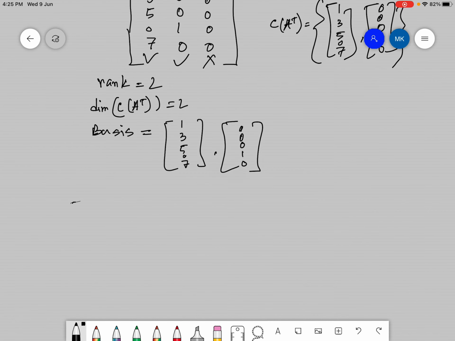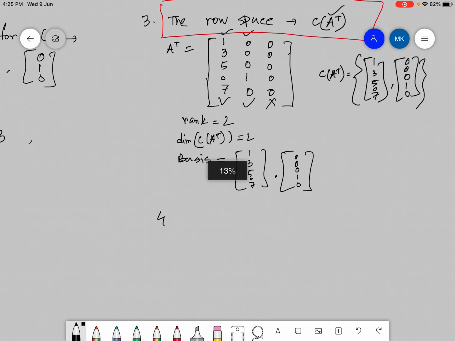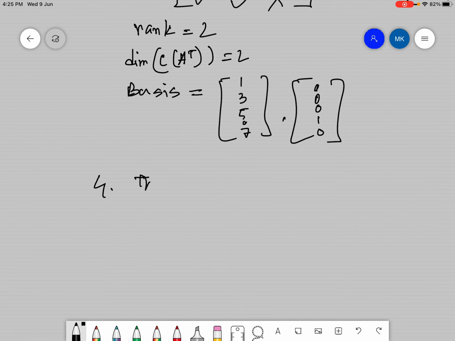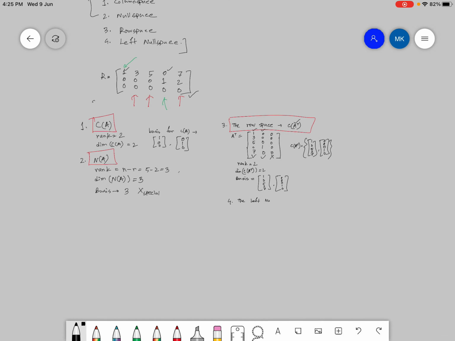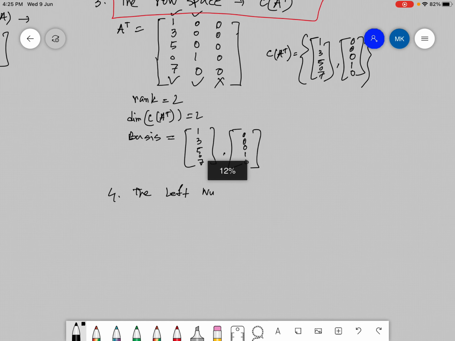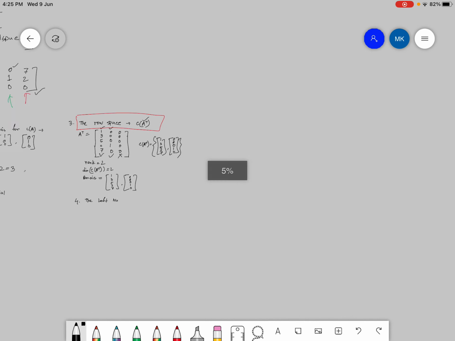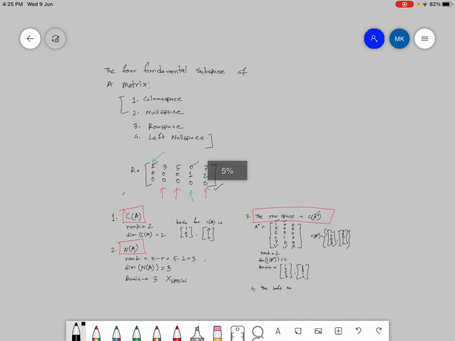So the last one is the left null space. How does this thing work?